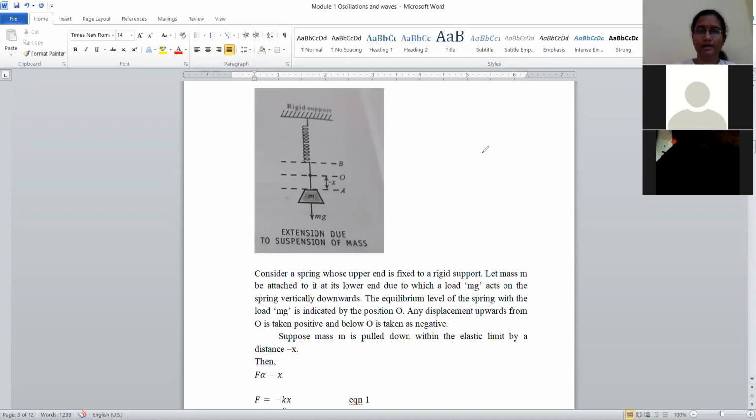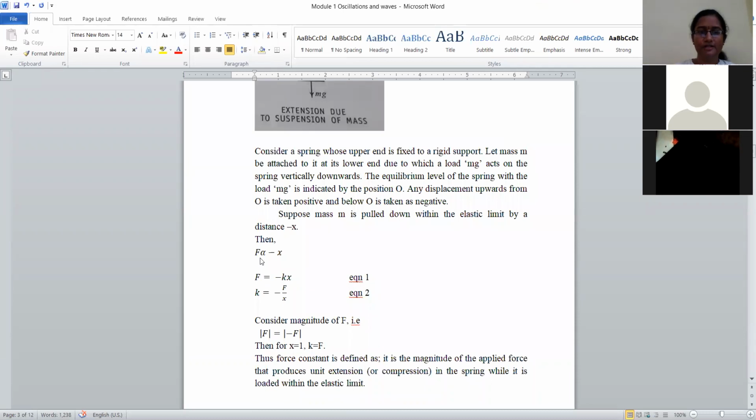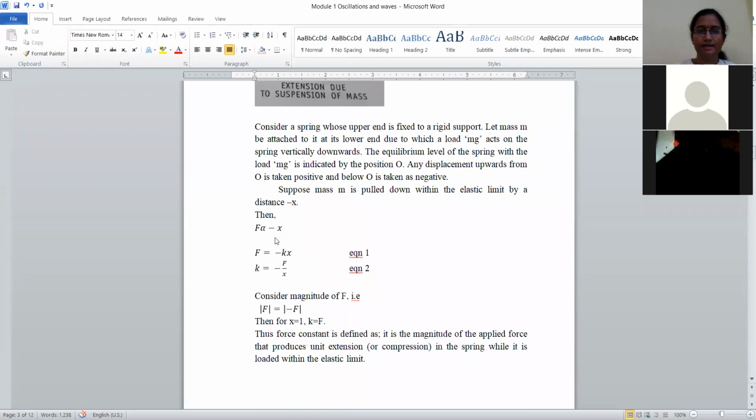And again, see, we have this force F proportional to minus x, that is displacement, and F equals minus Kx, so K equals minus F by x. Now we consider the magnitude of x.